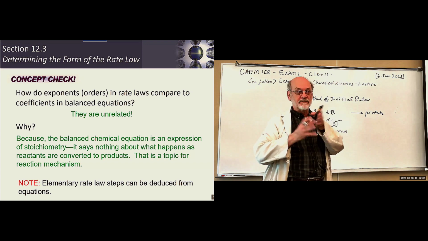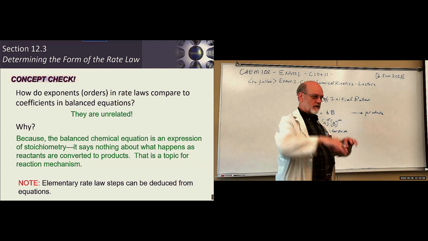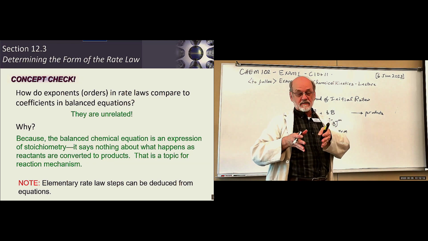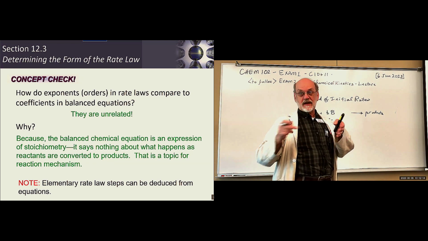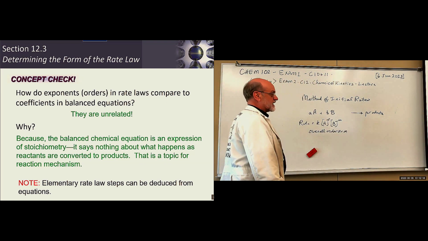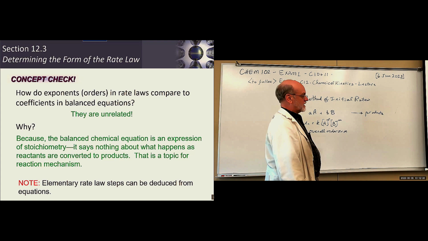It's not what's happening in between. It's what's on either end of the arrow, not what's in between. And that's where the kinetics is happening, on that arrow. It doesn't say anything about the conversion process.